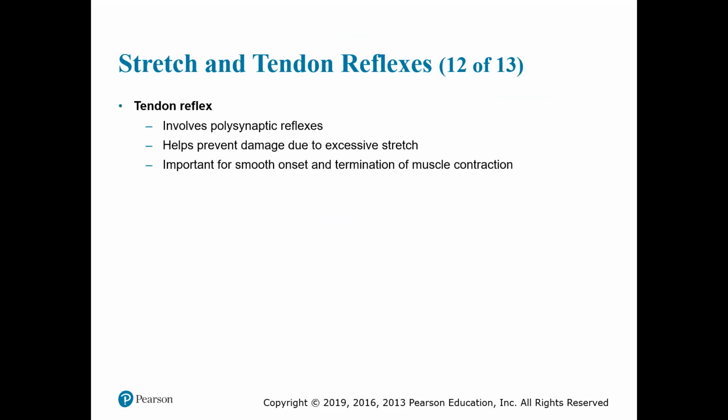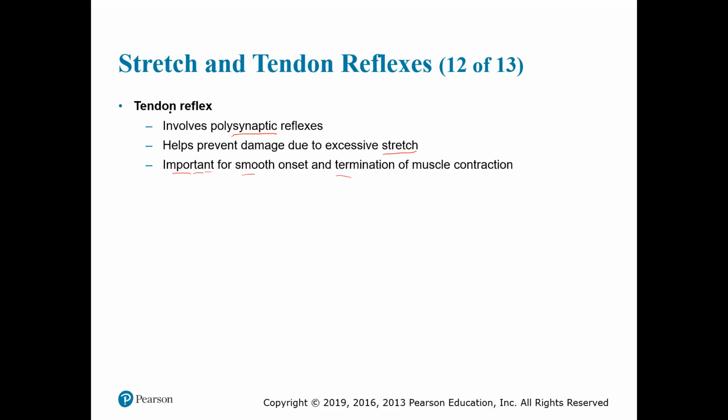So the tendon reflex, now this is about tension. Tendon reflex is polysynaptic, but it's also ipsilateral. So this helps prevent, of course, stretch, but it's much about tension. All right, so it's a reflexive and protective mechanism, right? Because in this case, you're going to want to relax the muscle.